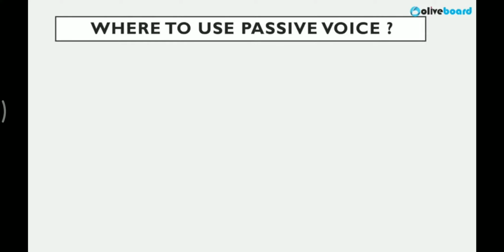For example, the first case, when the subject is less important, when you don't have to mention the subject or when it is not so important, you use the passive form. In normal cases, obviously we say that the subject is performing the action. We mention the subject, we mention the verb, we mention the object on whom the action is performed.